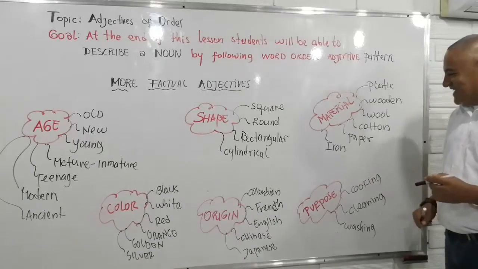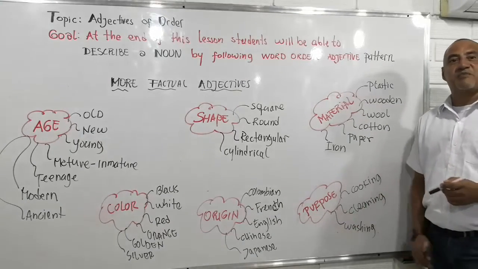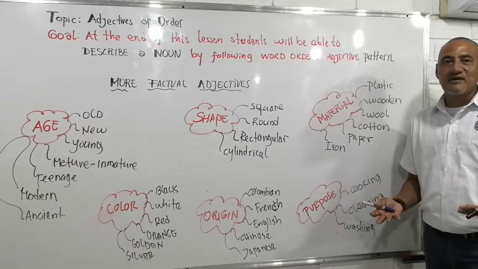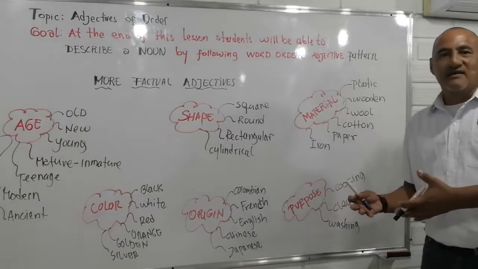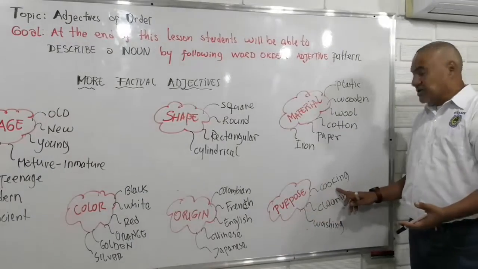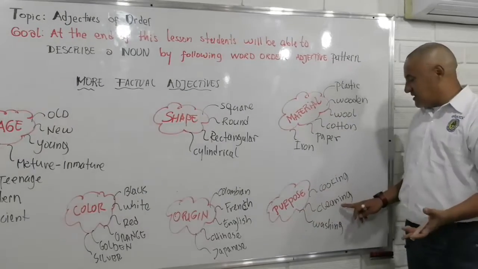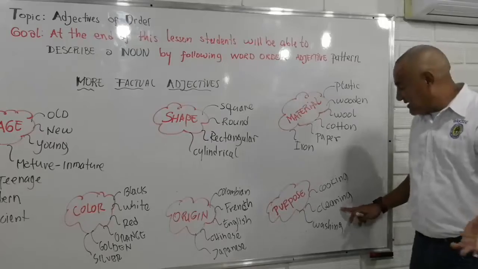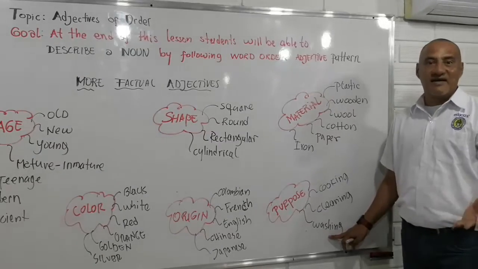Okay? Very good. And finally we have the purpose, el propósito para el cual está hecho lo que se va a describir. Purpose, propósito. Cooking, which is para cocinar. Cleaning, para limpiar. Washing, para lavar.